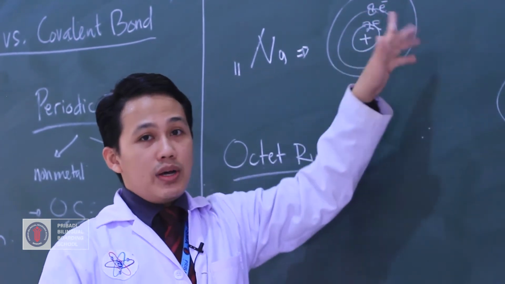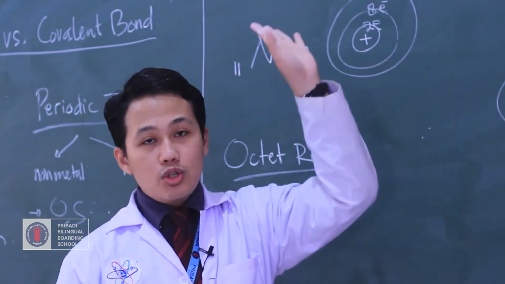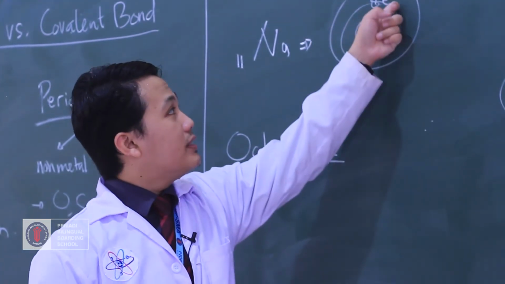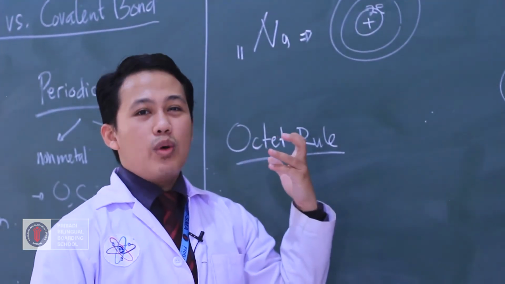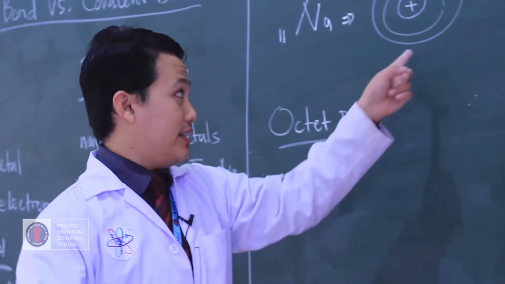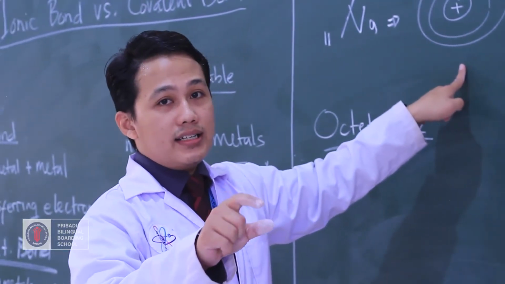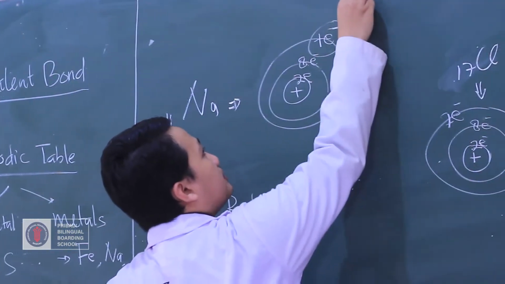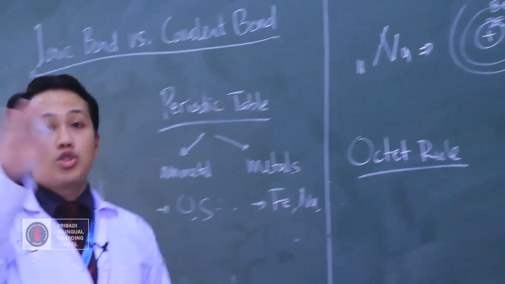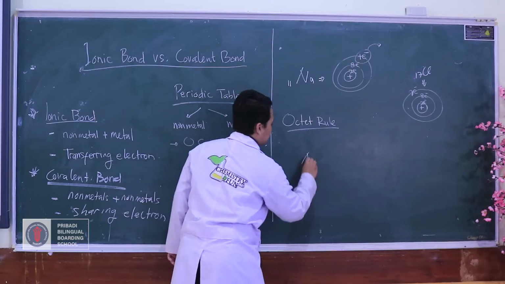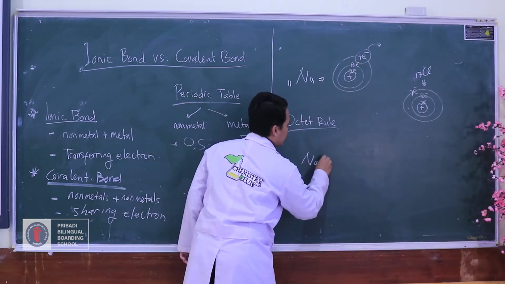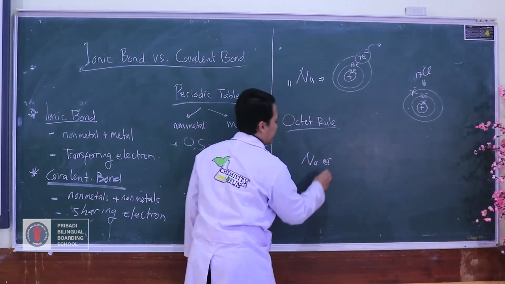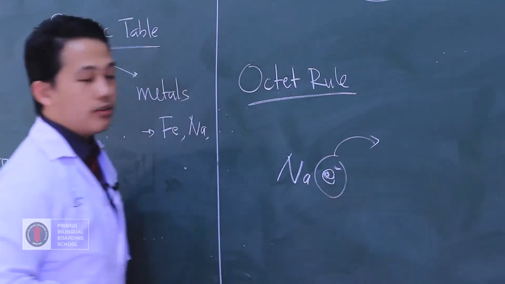Okay, so which one do we prefer? Losing 1 electron or gaining 7 electrons? Well, it is easier for it to lose 1 electron, isn't it? So Na, after you lose 1 electron, so here Na has 1 electron, and then it loses 1 electron outside.